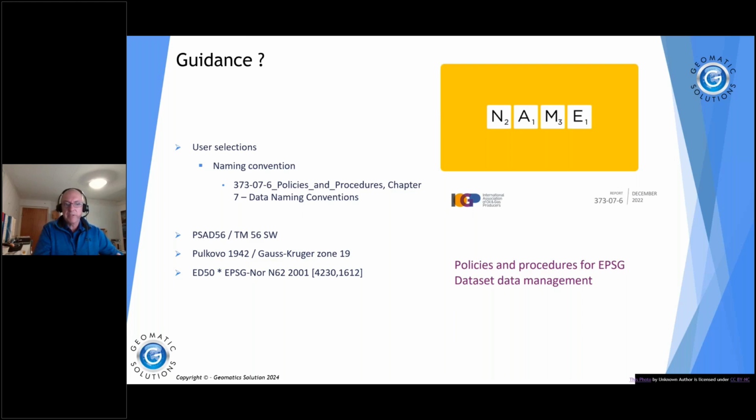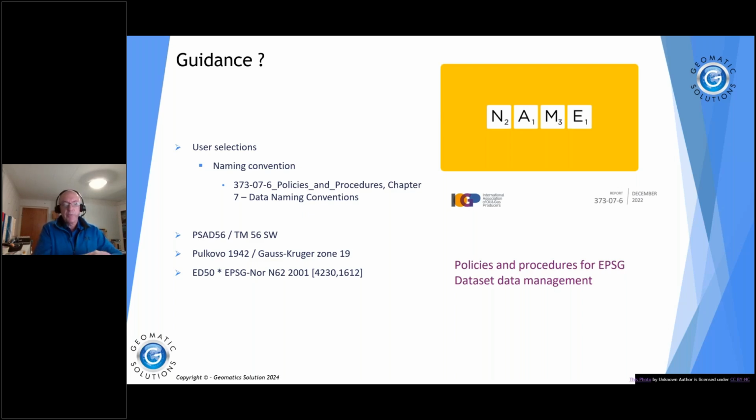It has PSAD 56 as the base geodetic or geographic 2D CRS, and then it has a conversion based on transverse Mercator with a central meridian of 56 degrees west, and it's a south zone, so it's actually valid for the southern hemisphere. So from this, if we follow some other guidance, we basically know what the parameters behind this conversion will be.